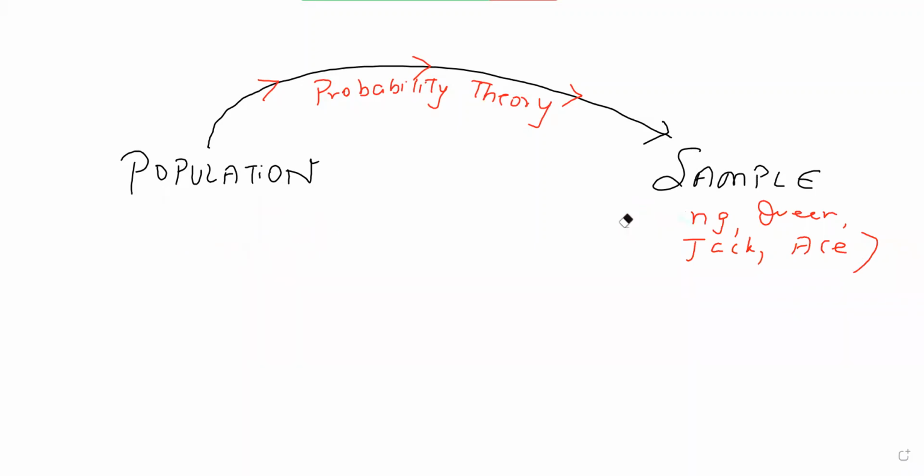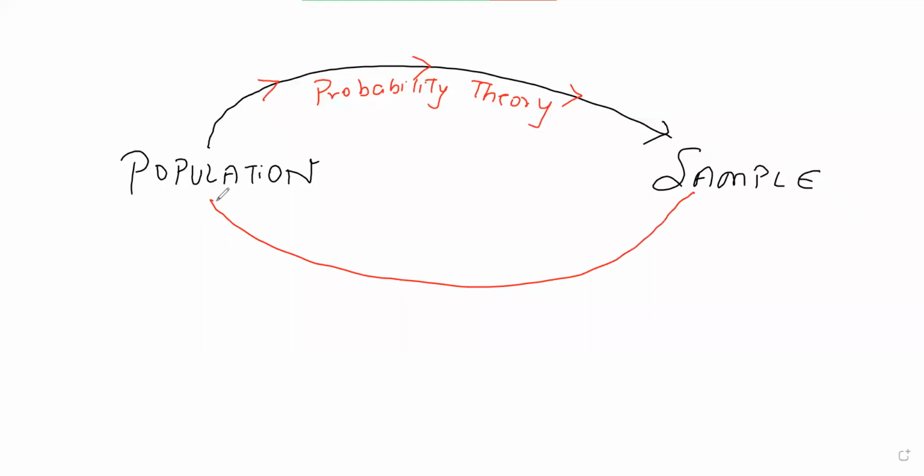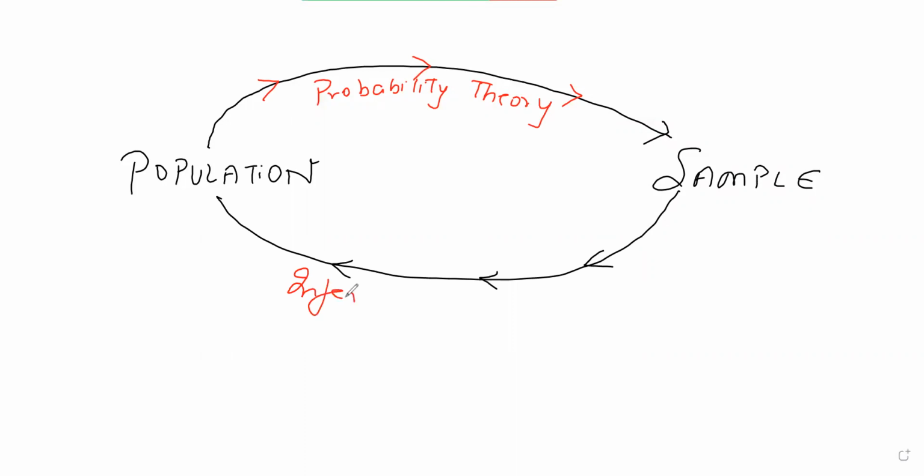On the other hand, when you go from sample towards population in this direction, this is called inferential statistics. Because you know the sample.